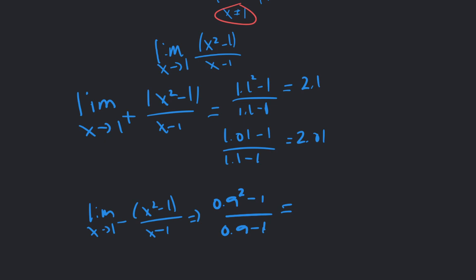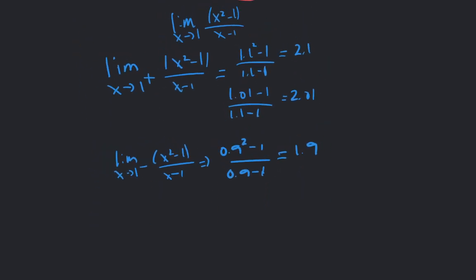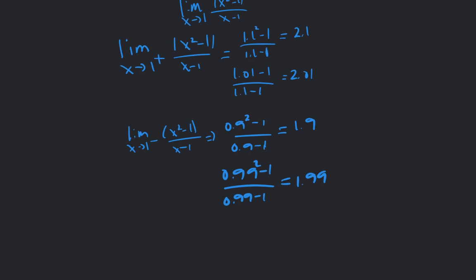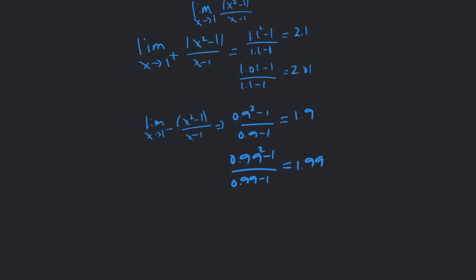And this gets closer and closer to 2 also. Follows the same behavior. 0.99. As we get closer and closer to 1 from the left and the right, we see that it converges to 2. But we can also just look at it a little more algebraically.